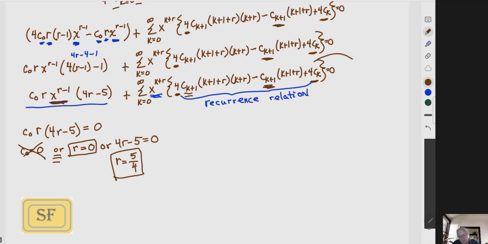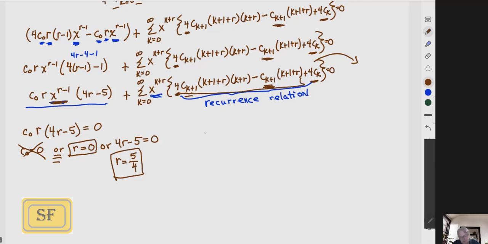So if I bring that c sub k term over to the right side, I'm going to have, and if I factor out from these two terms, let me do this first.